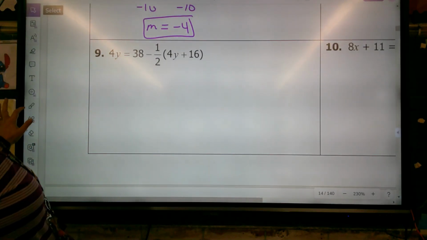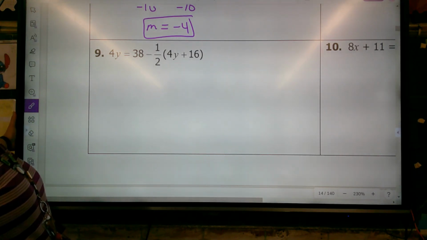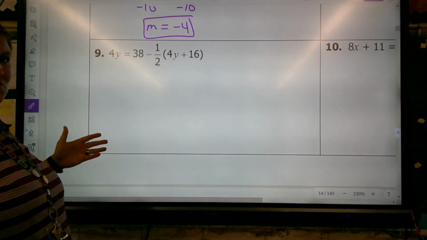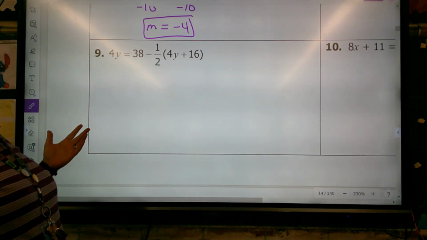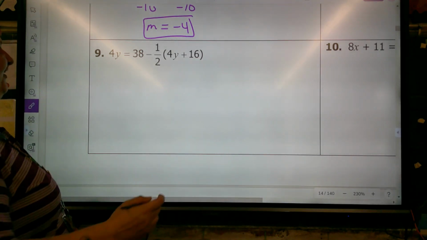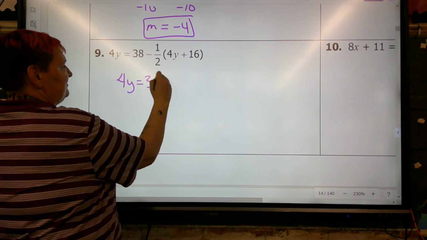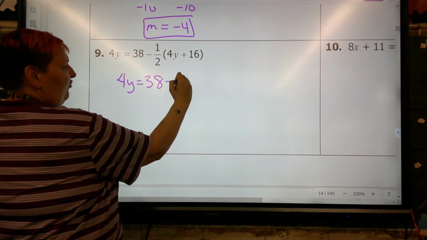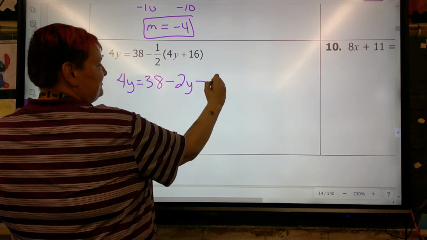Right? Just because it has a fraction, don't panic, especially if it's 1/2. Because when you're multiplying by a half, all you're looking for is half of that number, right? So 4y equals 38 minus half of 4 minus half of 16.